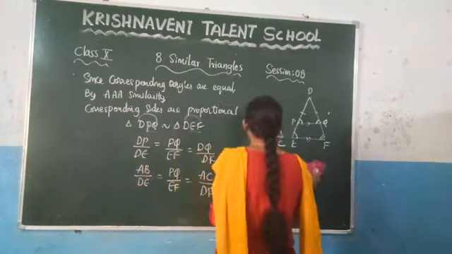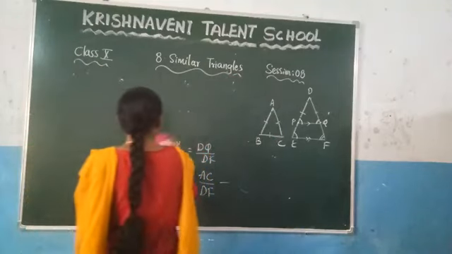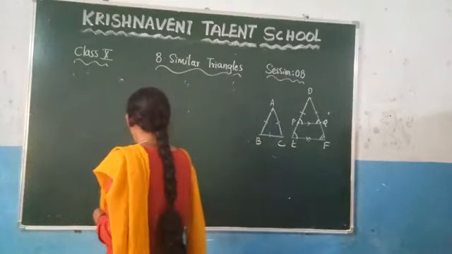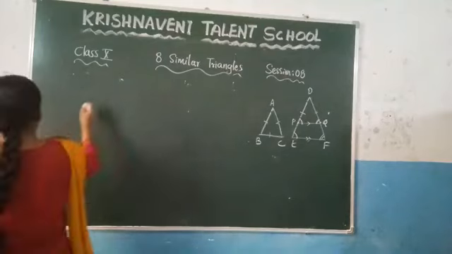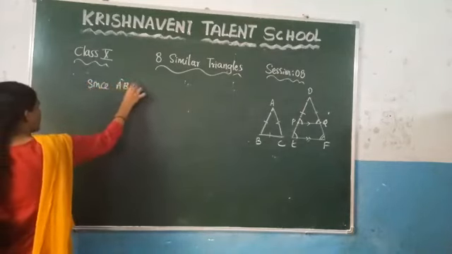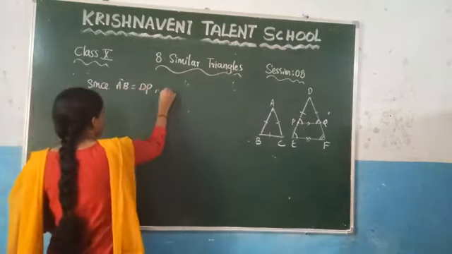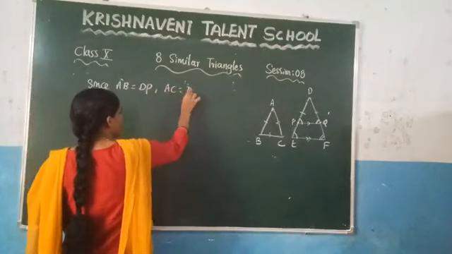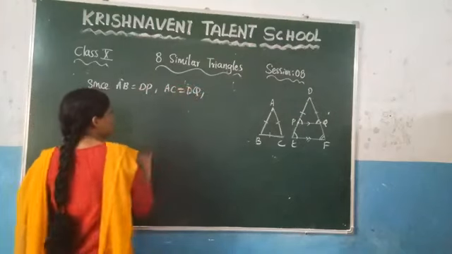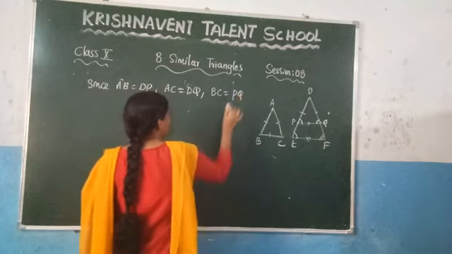Now write it here. Since AB is equal to DP, this is our construction, and AC is equal to DQ, this is also construction, and BC is equal to PQ, just we have proved.